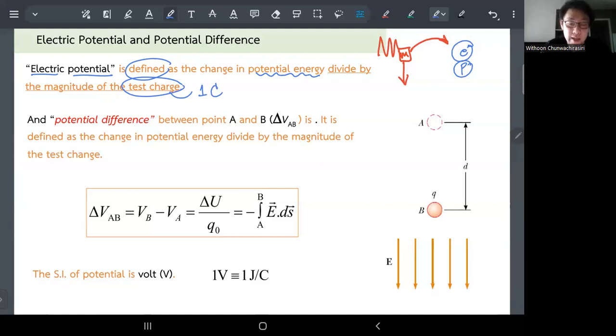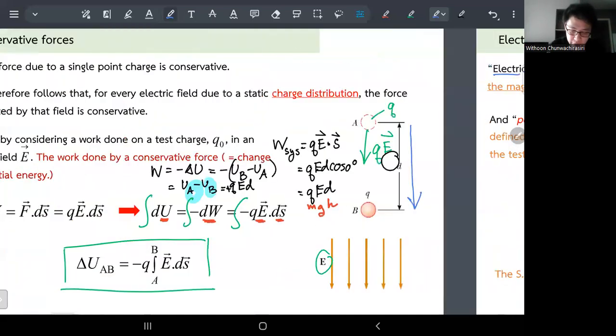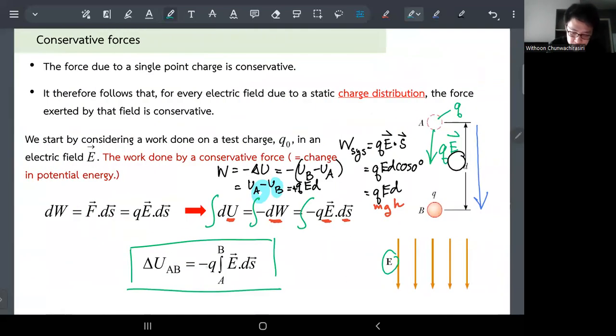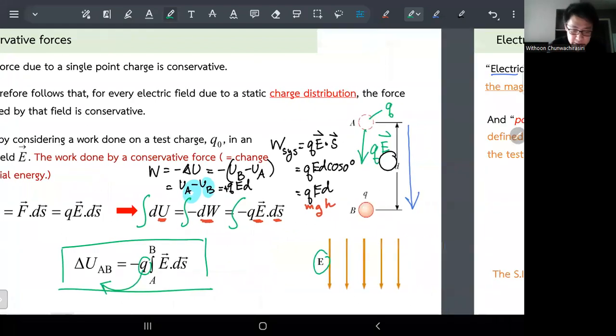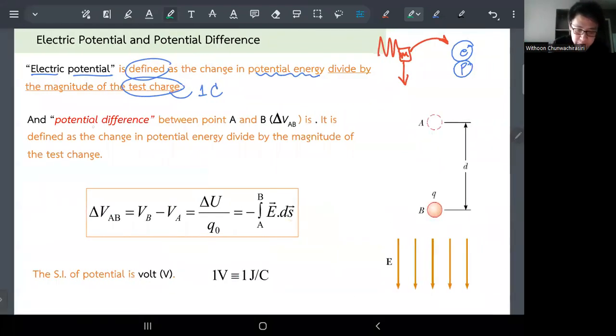The good thing about this is you don't have to worry about the Q. You only take Q to be 1, which is 1 Coulomb. So in the formula that you had before, you can imagine you just move Q to the left-hand side. It's a change of the energy per unit charge, and we define that as electric potential.